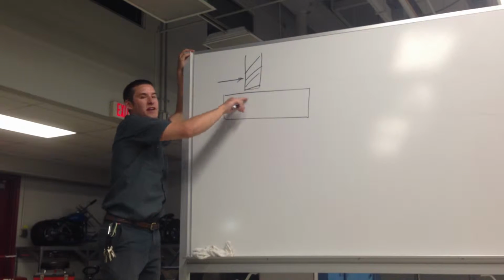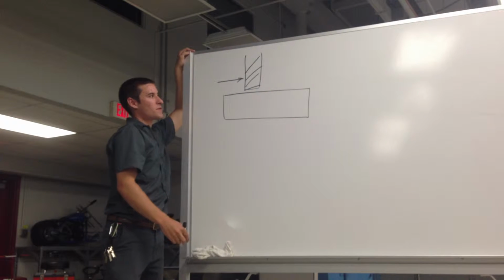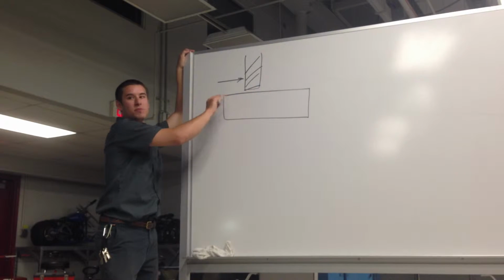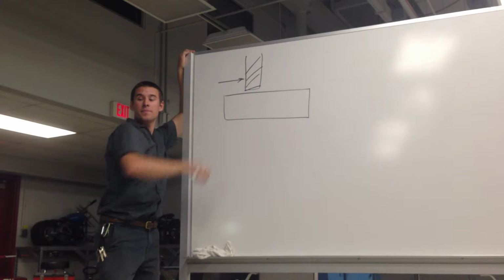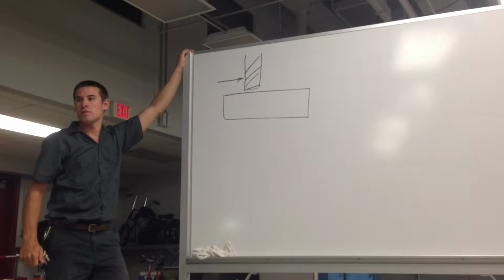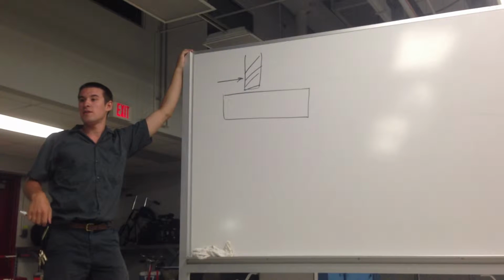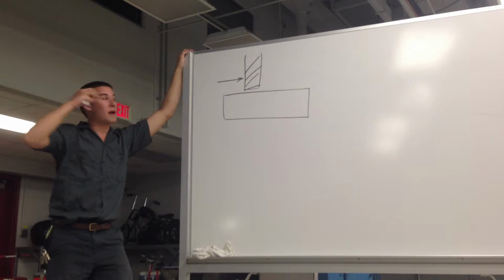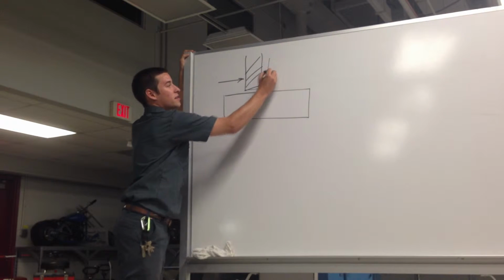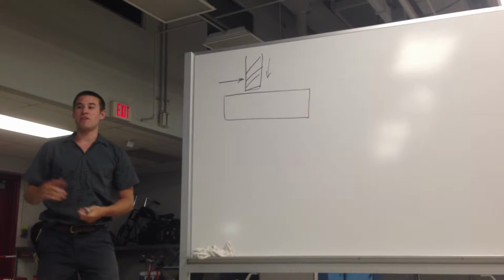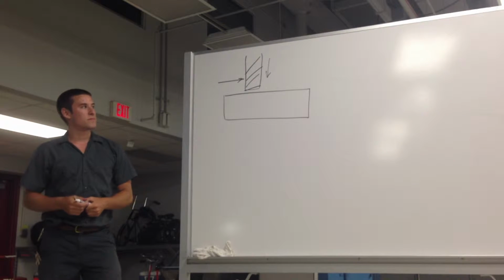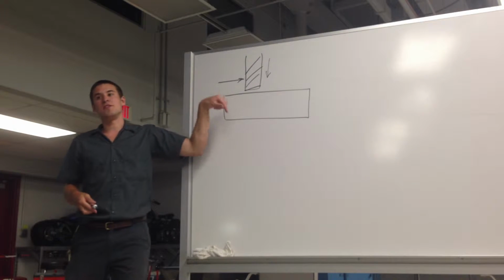How fast this tool is moving in relation to this part. What would be the word for going into a part? That's also the feed rate. It doesn't matter if I'm cutting this way or this way, it's still feed rate. So you can have a feed rate with a drill bit. You usually don't plunge straight down with an end mill, but you can.